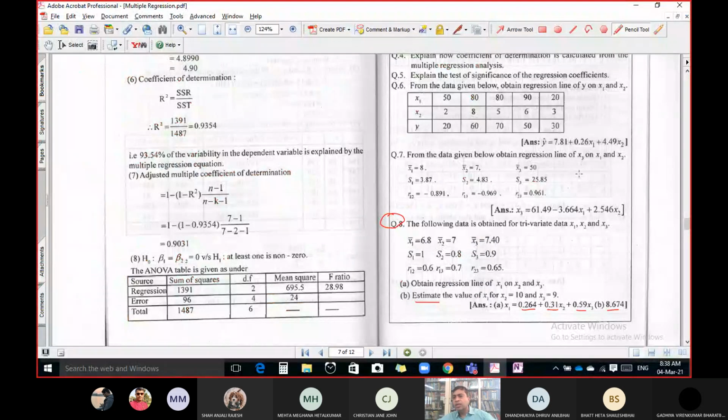So now here, question number 7. From the following data given below, obtain the regression line of x3 on x1 and x2. Now the question is, we have to find out the regression line of x3 on x1 and x2.